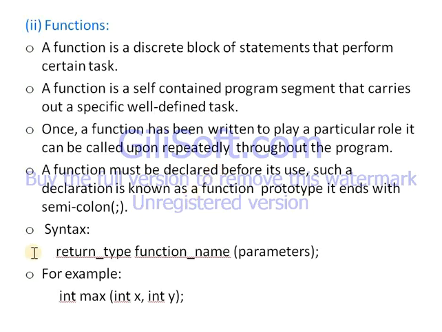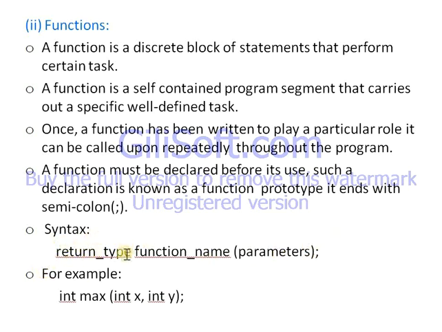How to define a particular function? There is one syntax. First, you specify the return type of that particular function, then the function name, and next the function parameters, and function prototypes end with the semicolon. This is a function definition. While defining any function in C++, there is one syntax.